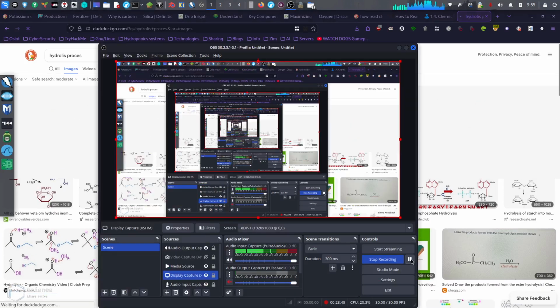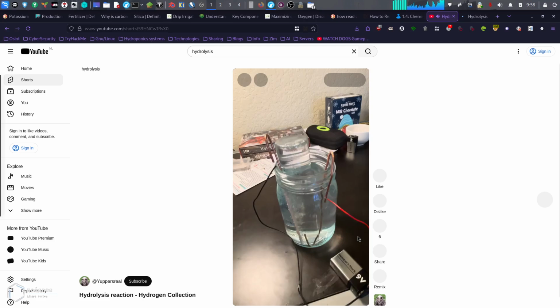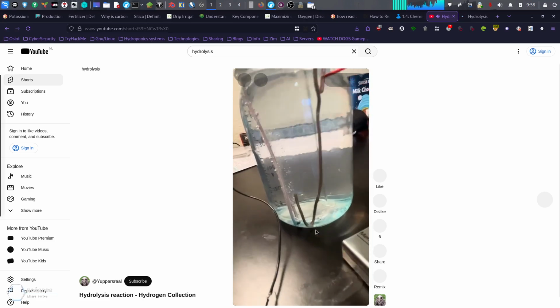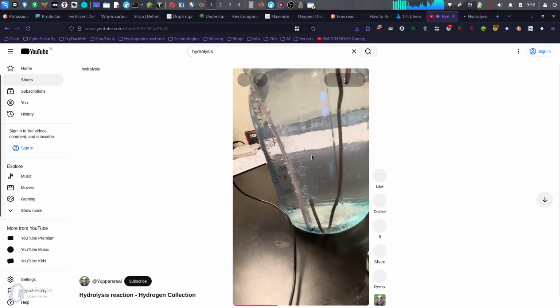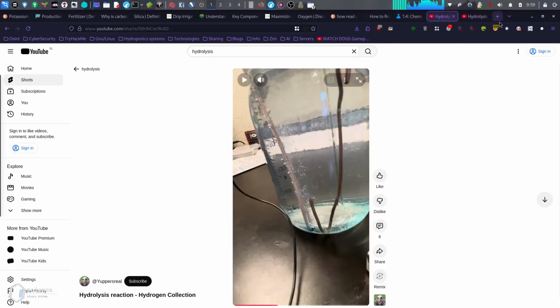I make a pause. Okay, I found it. Check this. This is a water molecule, H2O, 2 hydrogen and 1 oxygen. When we put electricity via copper wires, the water divides into hydrogen and oxygen.